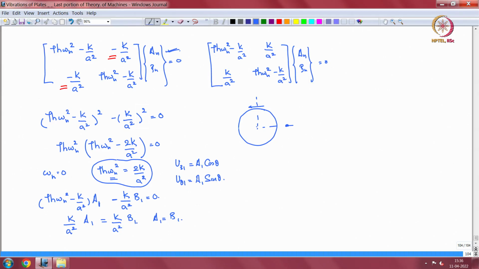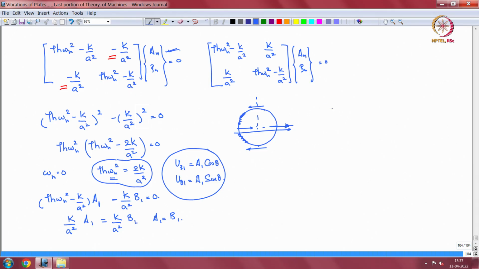Then at theta equal to 180 degrees cos theta is negative, so I get this way, and at 270 degrees again cos theta is 0, sin is negative. Therefore I get this. So it's this n equal to 1 mode, where the ring moves this way and the compression begins to happen over here. We have seen this. That is for this set of modes.